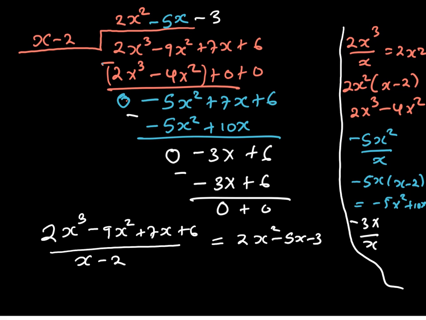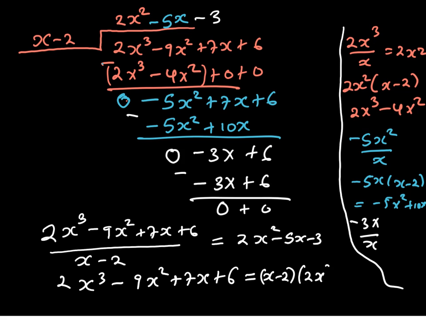So if we go ahead and cross multiply, you have 2x cubed minus 9x squared plus 7x plus 6 is now x minus 2 into 2x squared minus 5x minus 3.